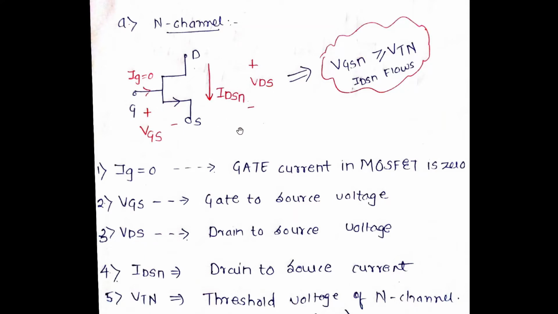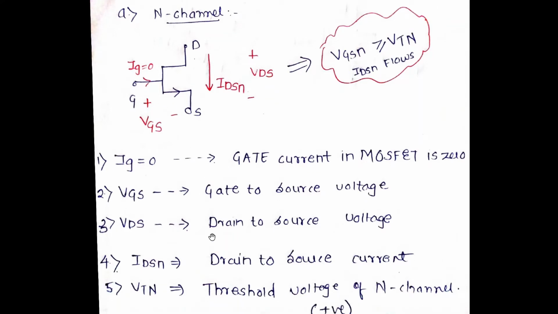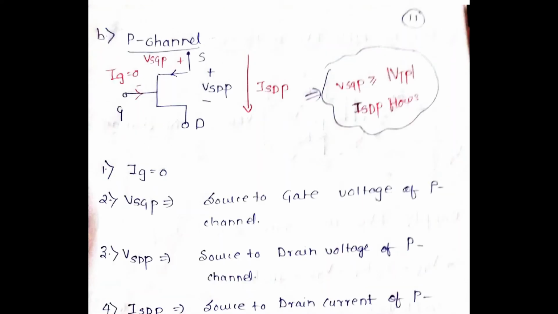Always in case of your N-channel MOSFET, the drain is at a higher potential than your source. The gate is at a higher potential than your source. The IDSN is the drain to source current of an N-channel MOSFET, and the VTN is the threshold voltage of an N-channel MOSFET. Understand that very well.